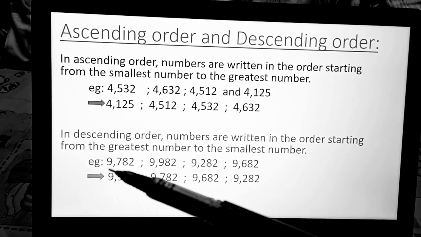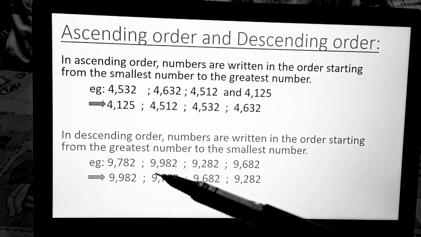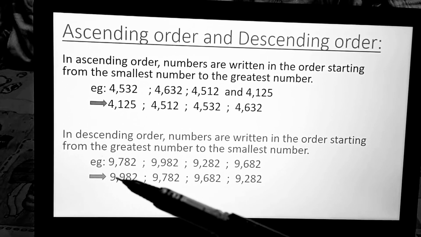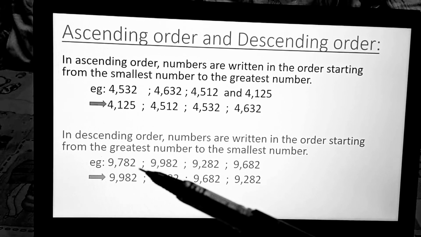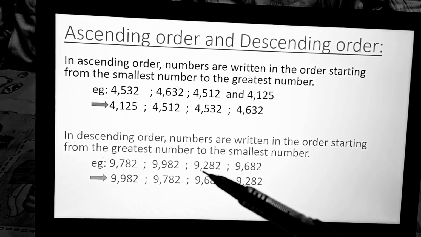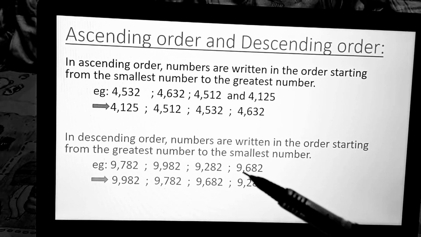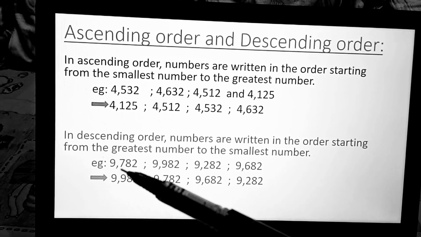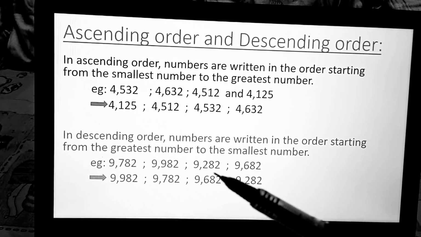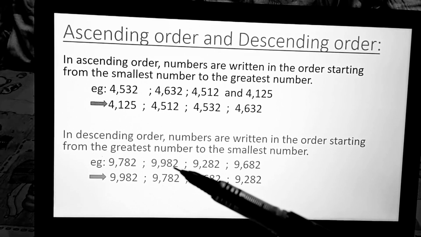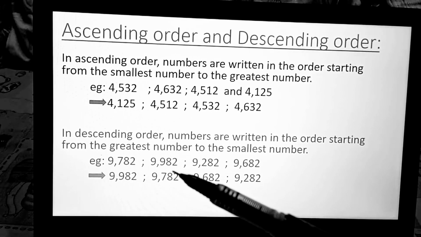And the starting digit is 9, 9, 9, 9. So it's same. Now check for the second digit. 7, 9, 2, 6. So we have to find the greatest one. Clear? So which is the greatest? 7, 9, 2 or 6? Yes, it is 9. So we write this number first, 9982.